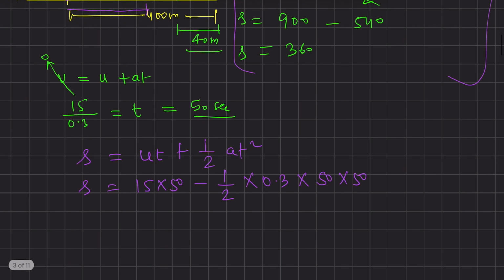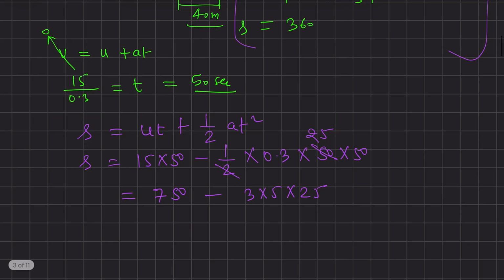If we solve now, we will get 750 minus half into 0.3, which is 0.15, into 2500, which is 375.